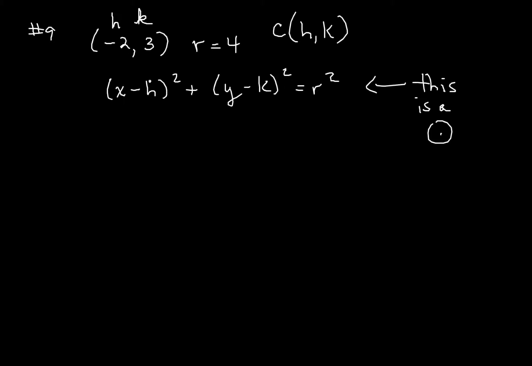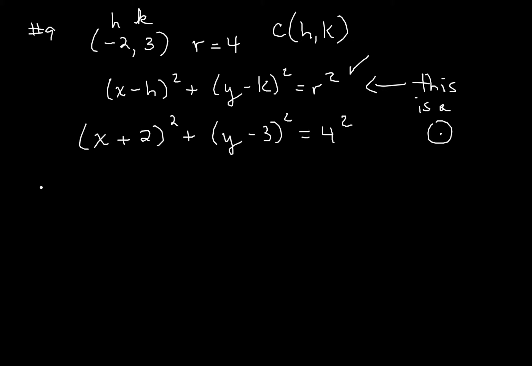You put this in for h, so x minus a minus 2 would be plus 2, squared, plus y minus 3 squared equals 16. That's your answer. It's the standard form, so you just leave it as 4 squared. So that's all there is to 9.